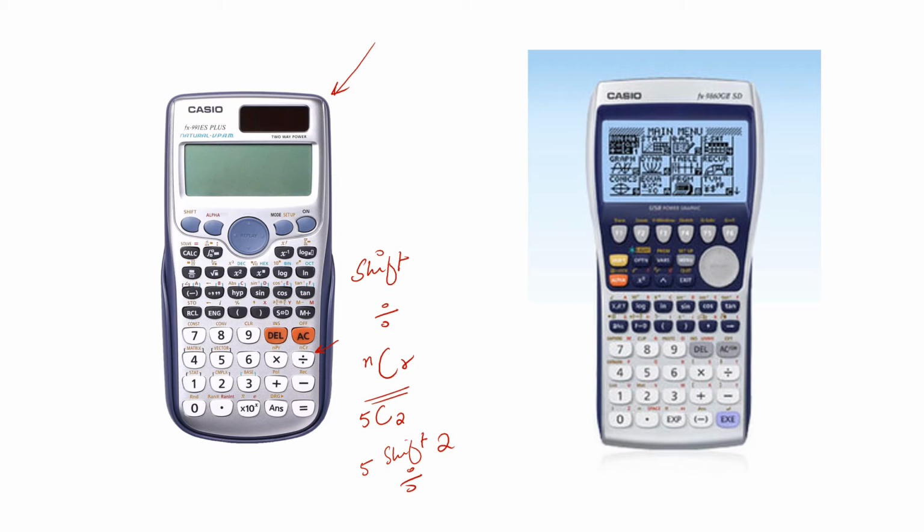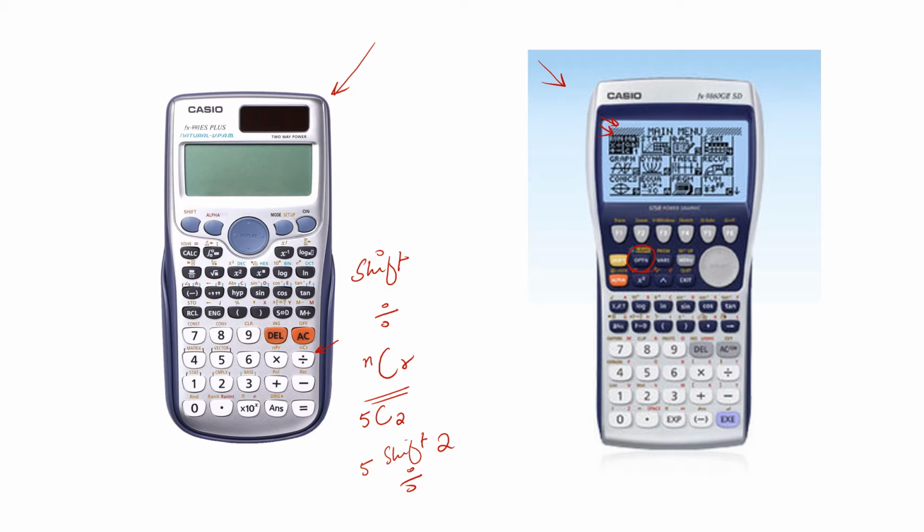Now if you are using the graphic calculator, first of all you will go to the run mat. When you open it, you press the OPTN button. Then after the option, you go to F6.